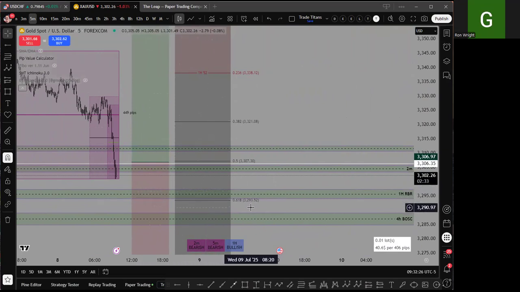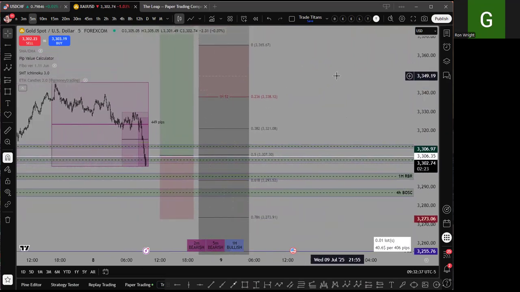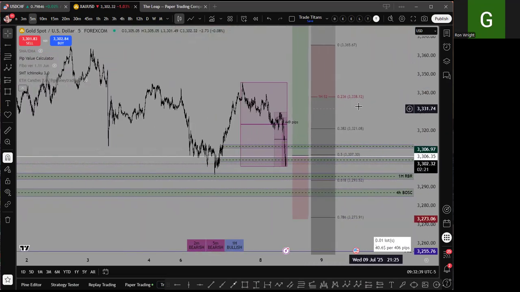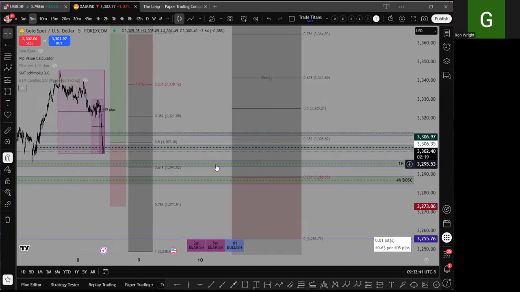See, right there, there's the 618 if it does go that low. And that's the weekly fib. No, that's not even the weekly fib, that's the 1 hour. Weekly fibs are over here. So that price is still at 3288.